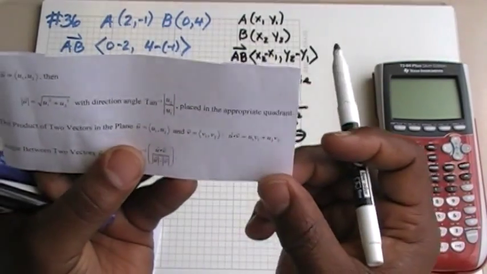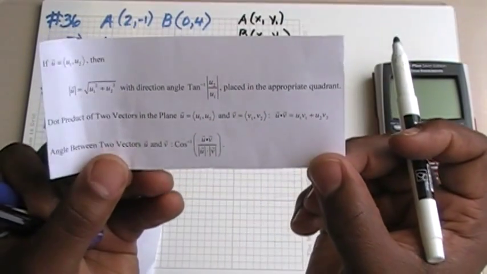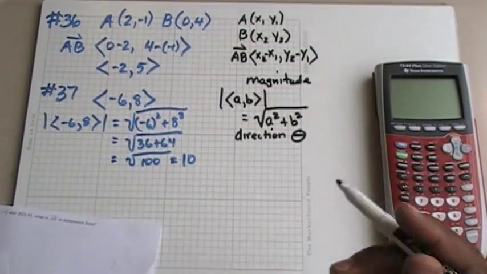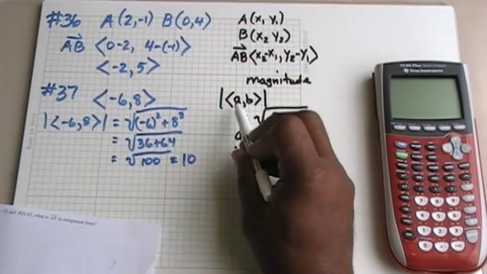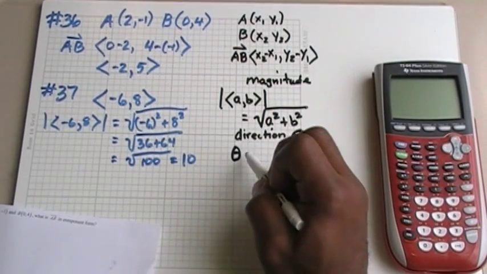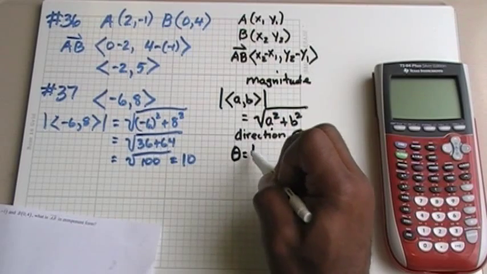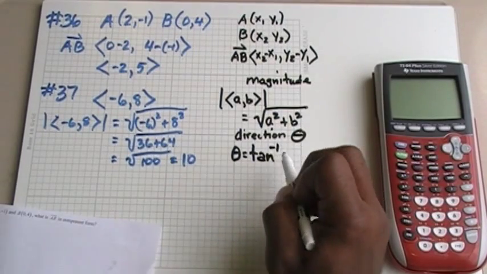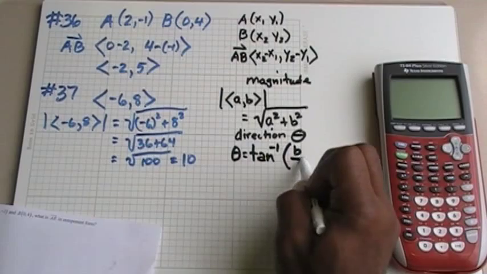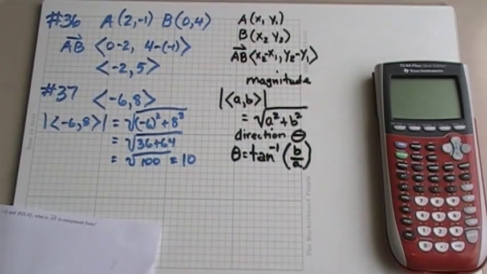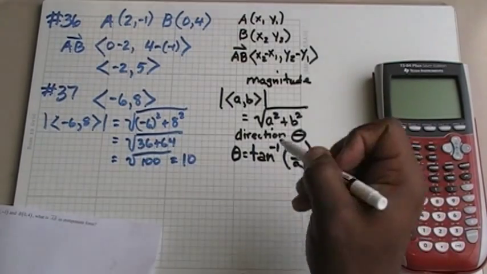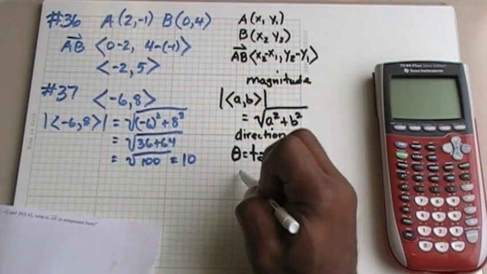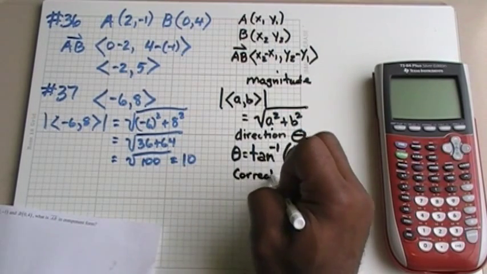We do this a little bit differently in my class. We say that the direction is inverse tan of B over A, no absolute values, and then we try to denote the correct quadrant.